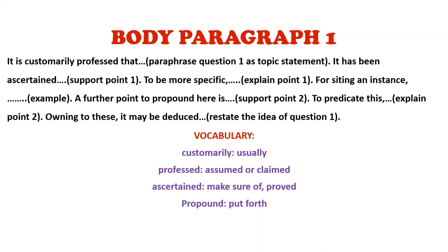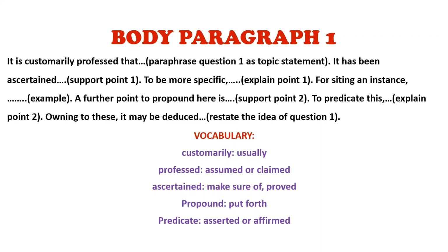So, a further point to propound here. Propound means put forth. Yes, a further point to propound here is my second reason, my second support point, or my second agreement or disagreement point. Whatever the question is, according to that your second point should come here. To predicate this, again you have given a point, now you need to explain it. To predicate this, and so on.